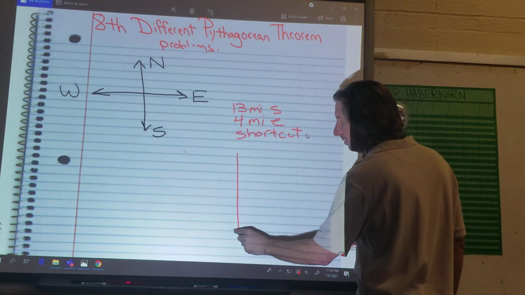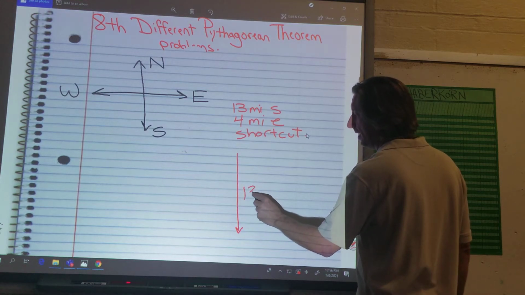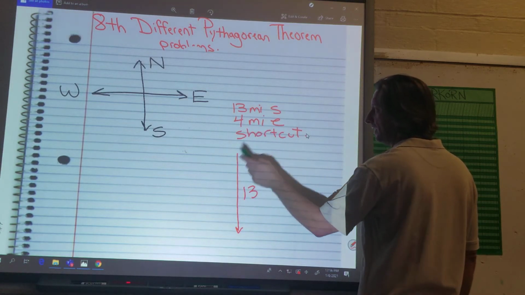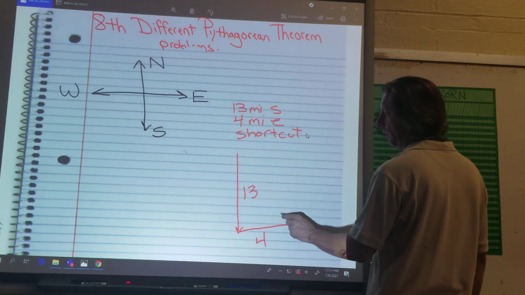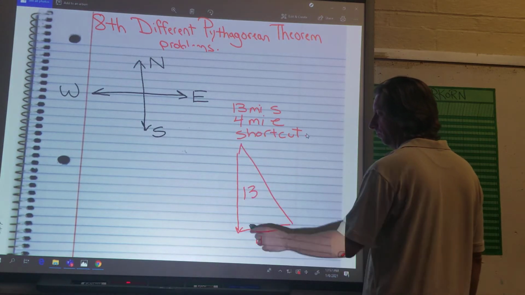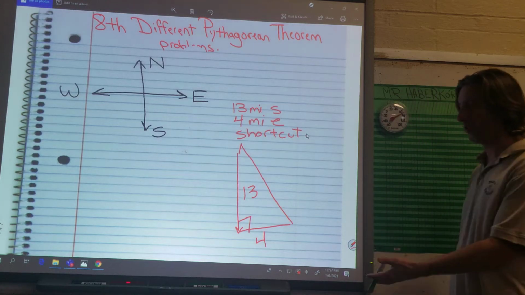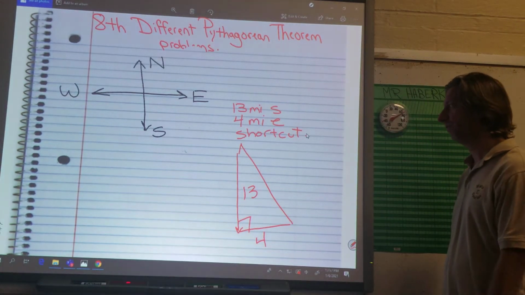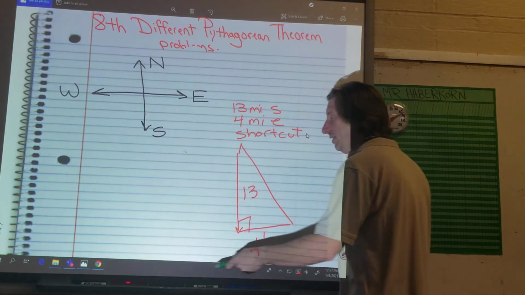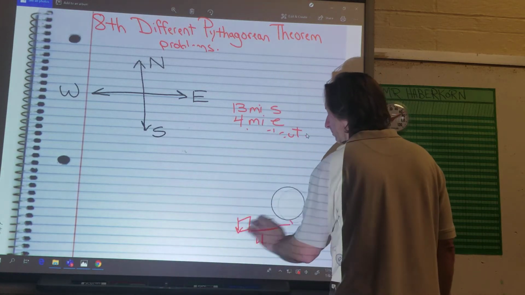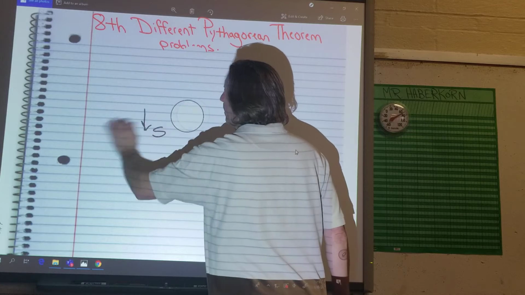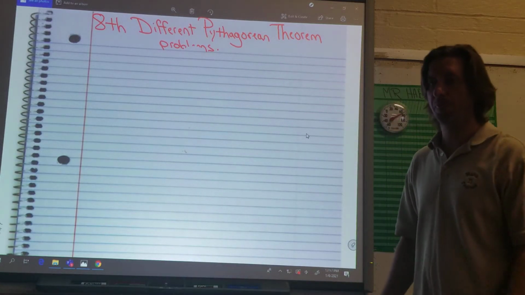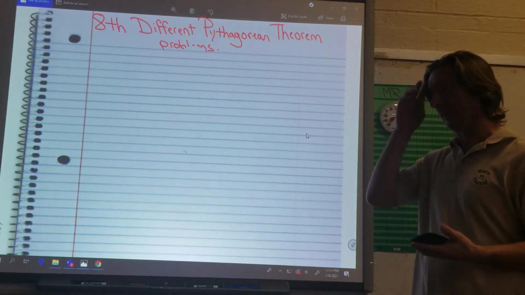So I go down, put 13 on it, and 4 miles east. A lot shorter, right? And bring it back. Right triangle, just like we had before. Do it the same way. Okay. So simple problems like that.